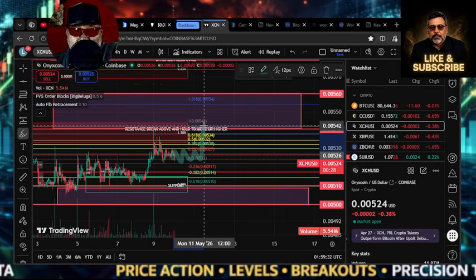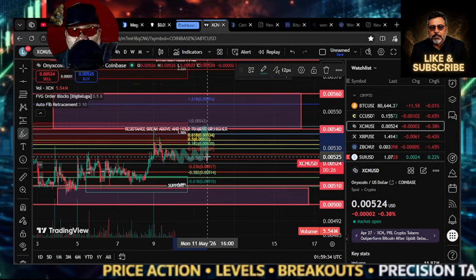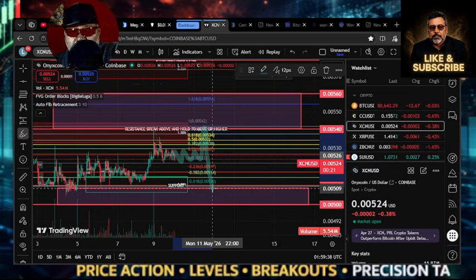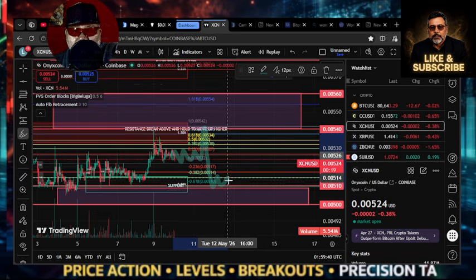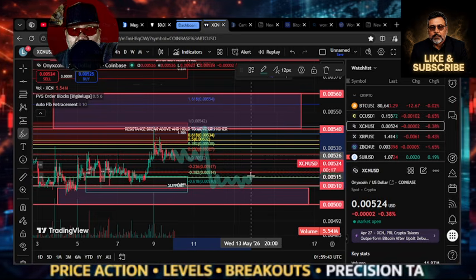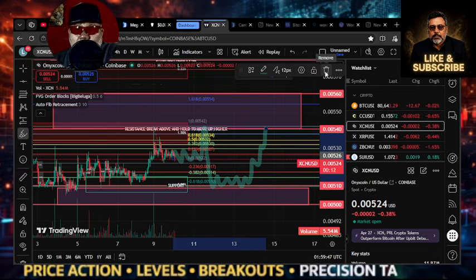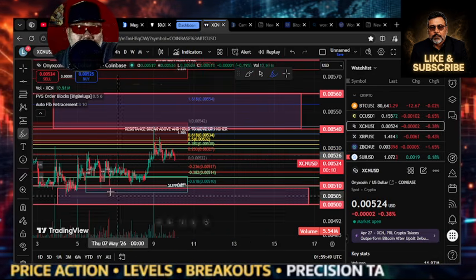If we don't, we're going to come back down lower. And we could pull our way back down here to this area of support at 00500 right here before trying to make it back up again. And that's what I want to come to you and tell you on this chart.